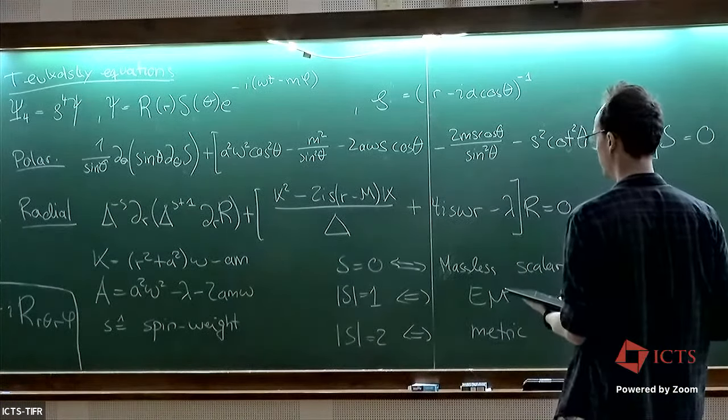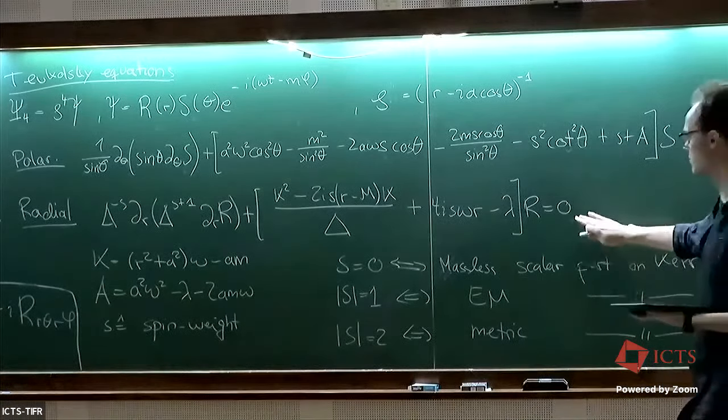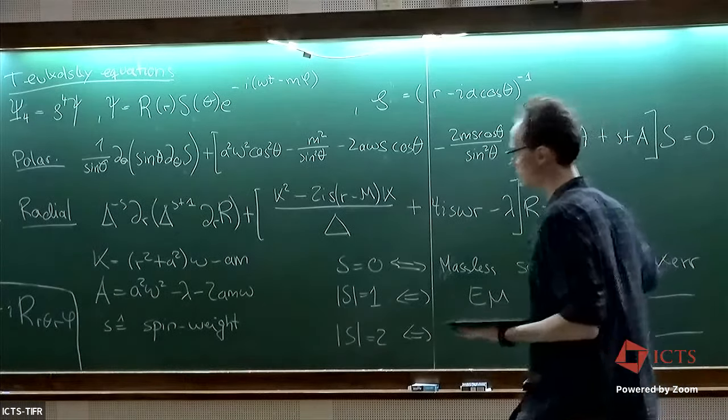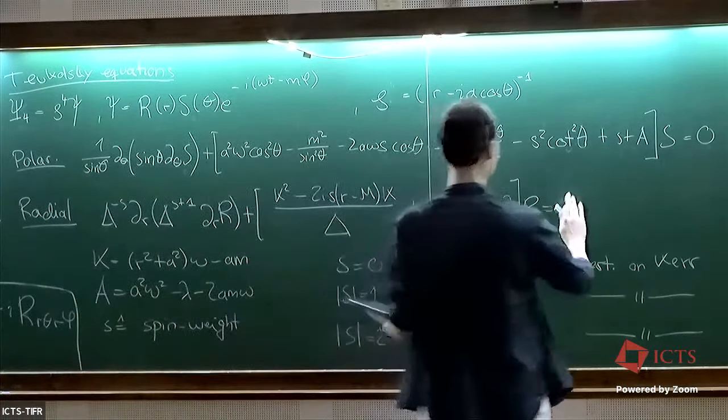And right, so the 0 here is basically mostly what Teukolsky considered. But of course, 0 corresponds to no source. Of course, we have a source, and so this is not actually 0.